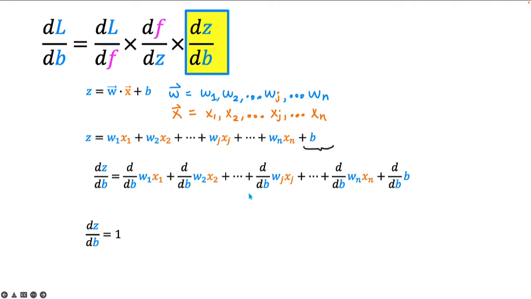And so the derivative of z with respect to b is this whole thing right here. And as before, all of these terms cancel out to 0 because b does not appear in any of these terms, but you're taking the derivative with respect to b. Now over here, that very last term does have the variable b, and the derivative of b with respect to b is just 1. And that's how we get dz over db is equal to 1.